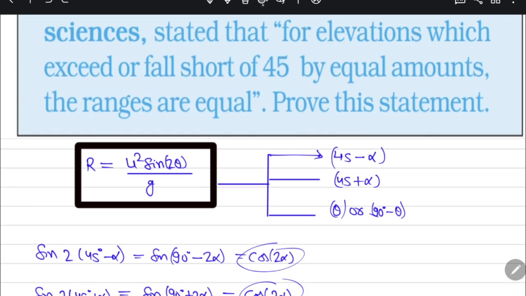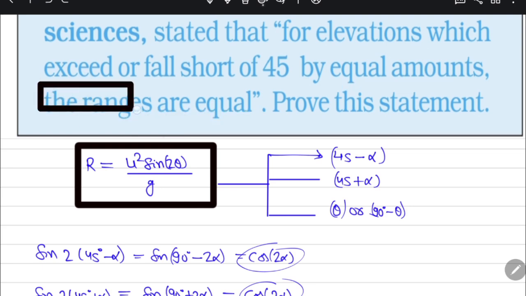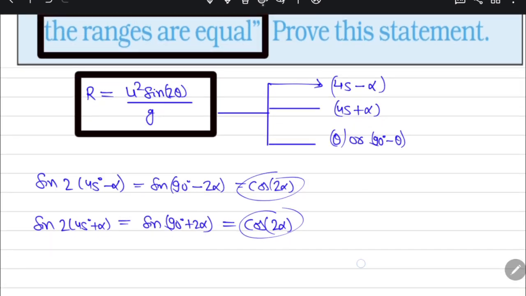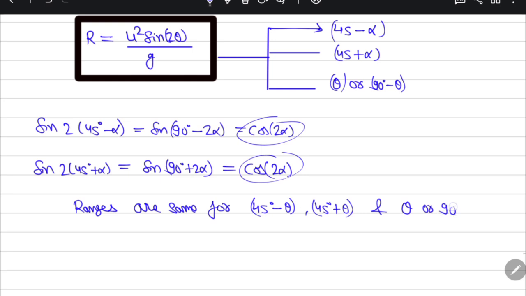So we can say that ranges are the same for 45 degree minus theta, 45 degree plus theta, and theta or 90 minus theta.